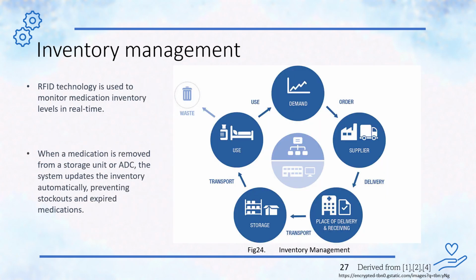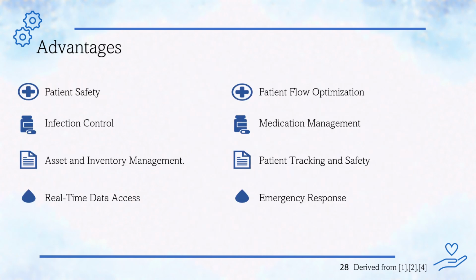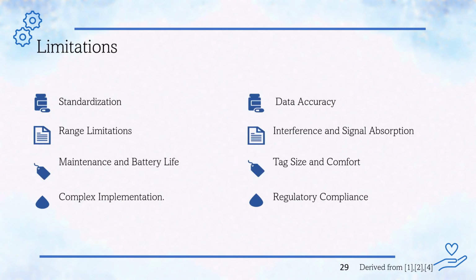The real-time management of inventory is really hard. So when RFID is used, inventory around the hospital, with the thousands of people involved, can be managed to prevent stockouts and expired medication. Now the advantages. The advantages include patient safety, patient optimization, infection control, medication management, etc.